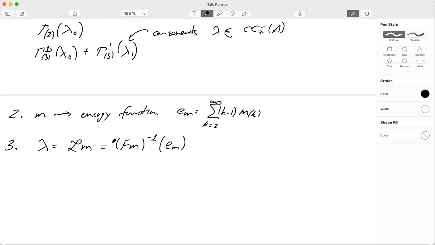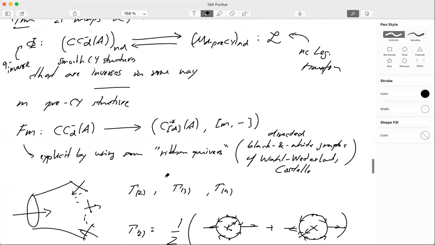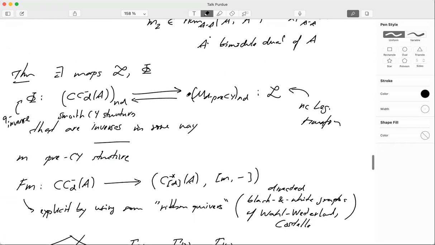Of course, in this case, you have to find a quasi-inverse, so you need to make some choices. But you can coherently make all these choices.